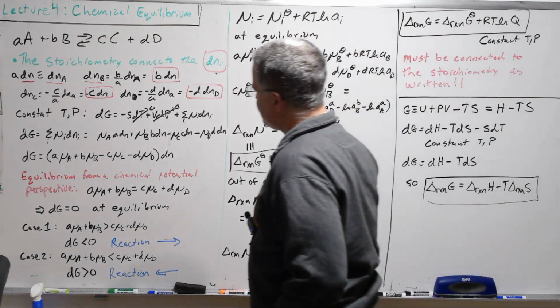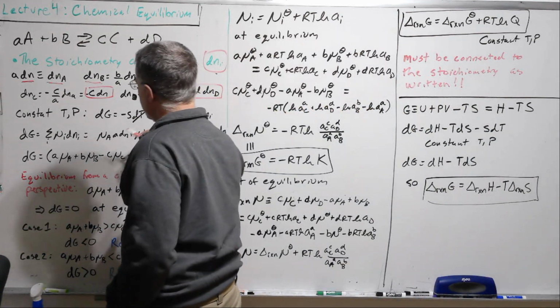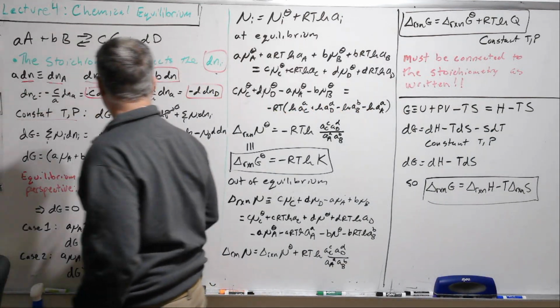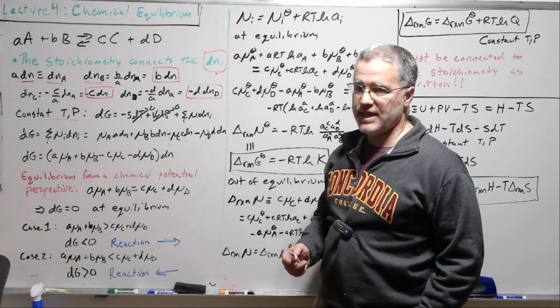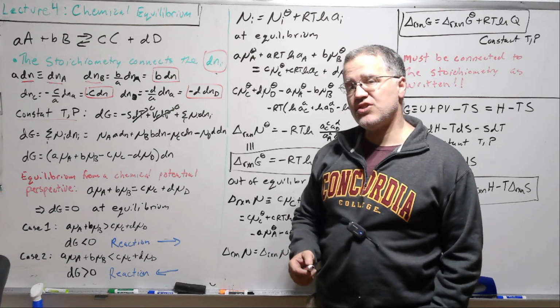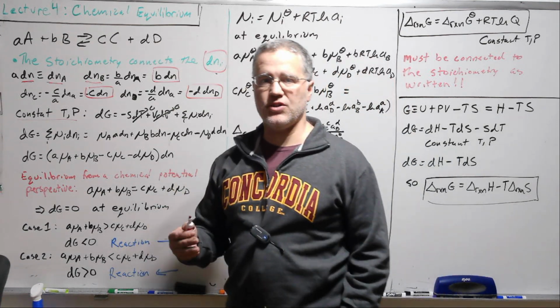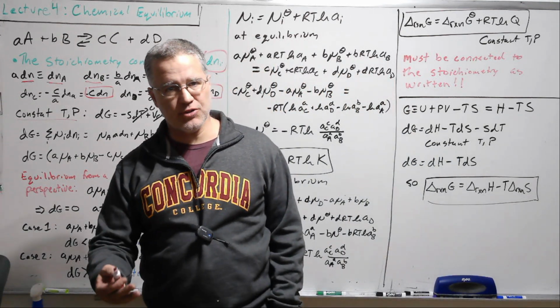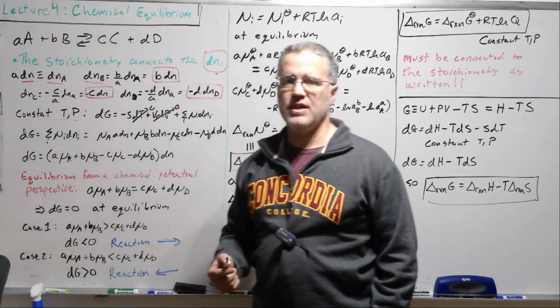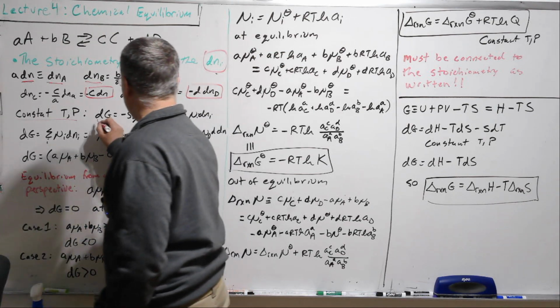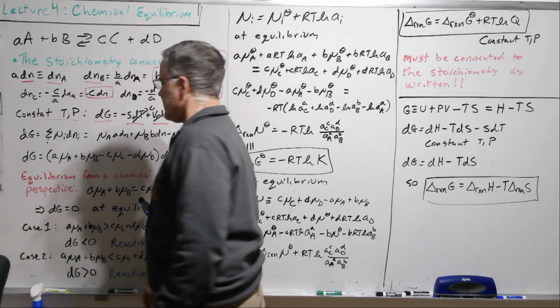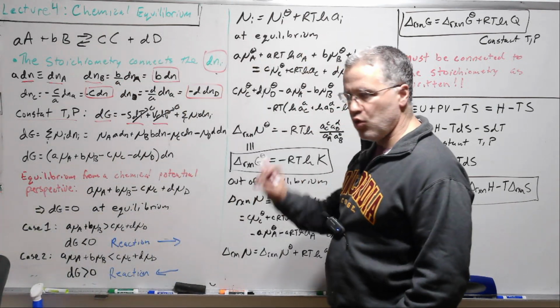Okay, so let's work at constant T and P, so typical laboratory conditions or body conditions. That suggests we will want to work with delta G. If we were at constant temperature and volume, then we would want to work with delta A, the Helmholtz free energy. So we look at dG, and its natural variables are T and P, and we're holding those constant.